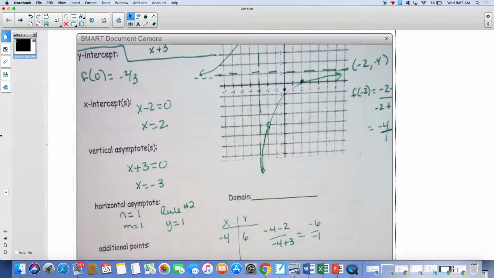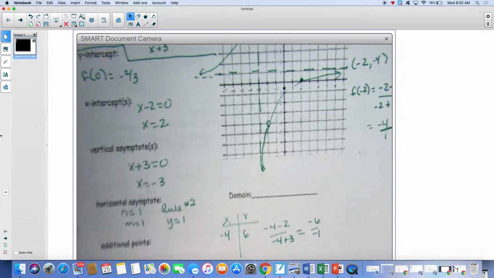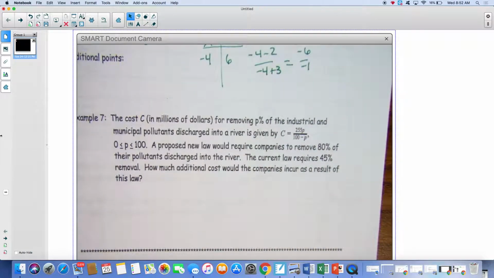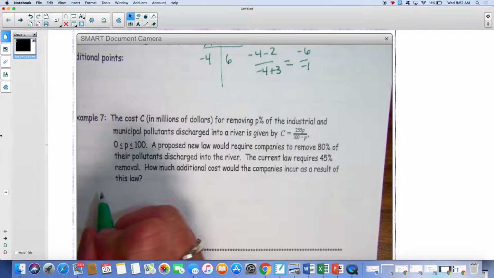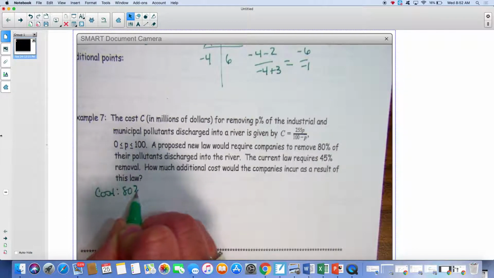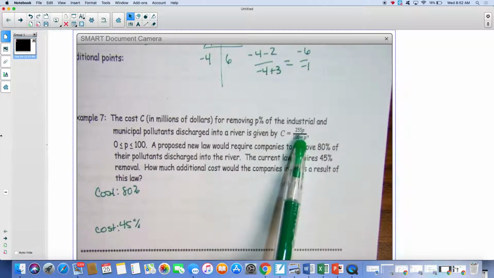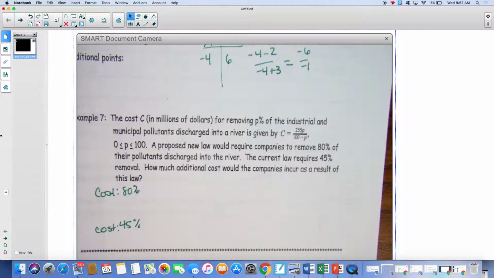So what do you have to do here? What do I have to do? You need to find the cost to remove 80%, and the cost to remove 45%. We're going to plug it into this formula.